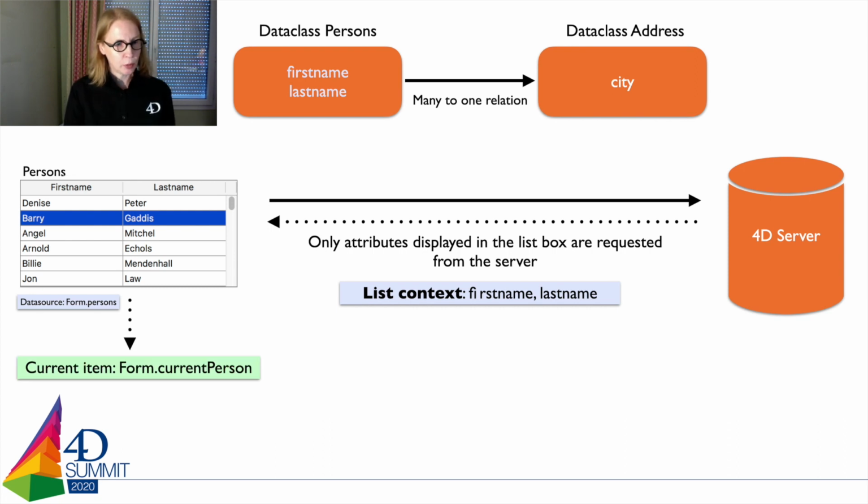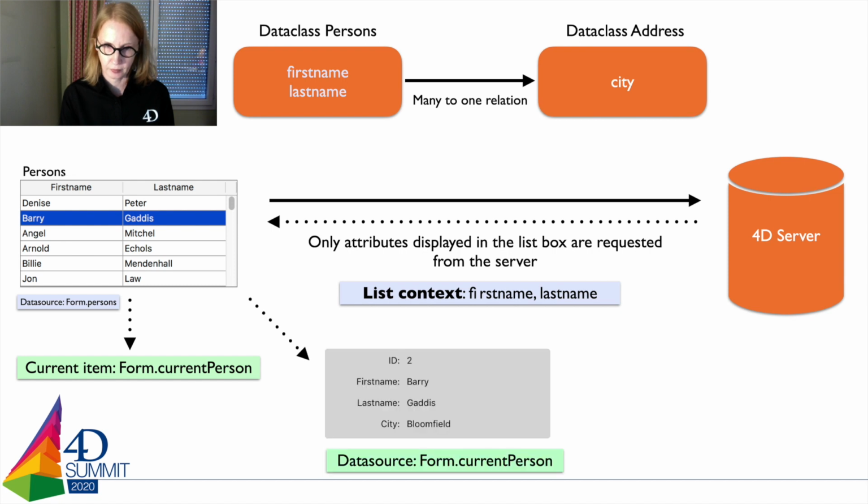In the listbox property list, we have set the current item to form.currentPerson. So if we select a line in the listbox, the entity is loaded into form.currentPerson. And we can work with this entity on a detailed form, and here we work with attributes ID, first name, last name, and city.